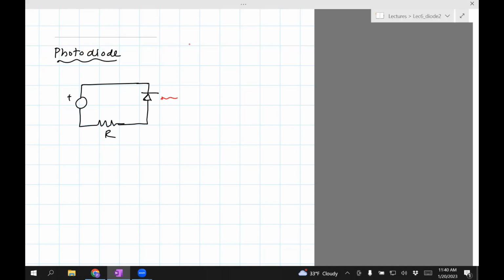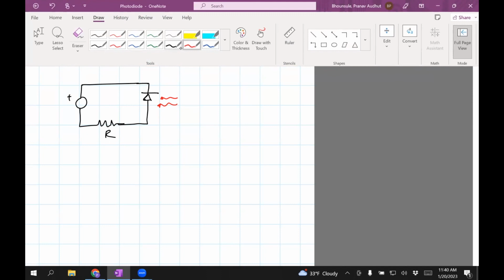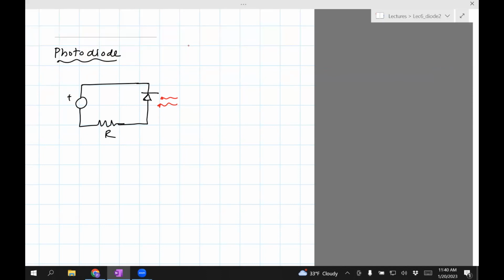Okay, so say you shine light. The moment you shine light, the diode starts conducting. And then you will have a current flowing in the circuit. So do it this way.